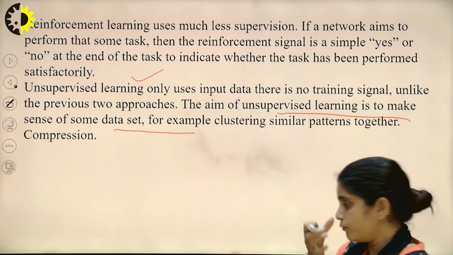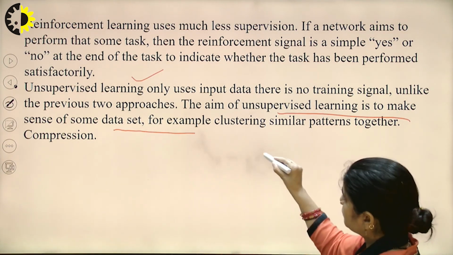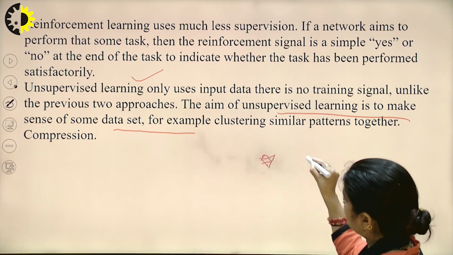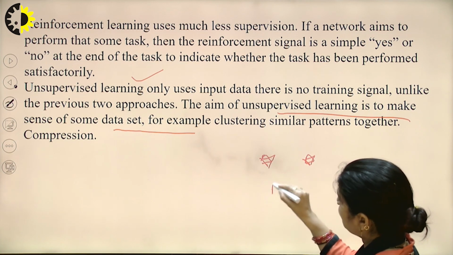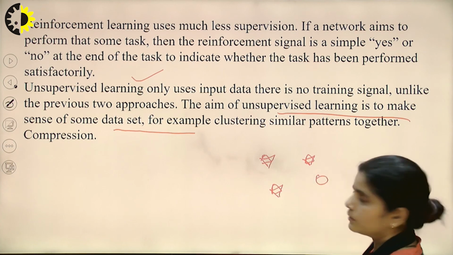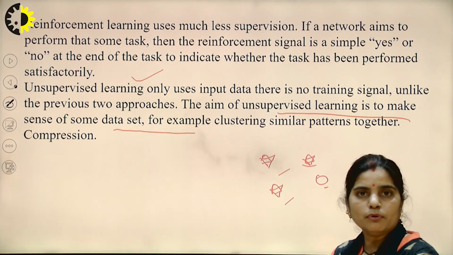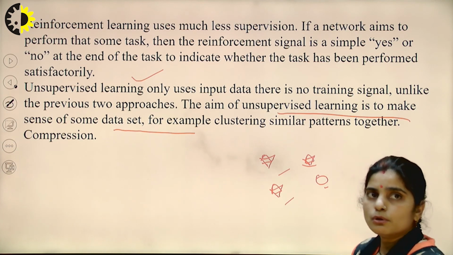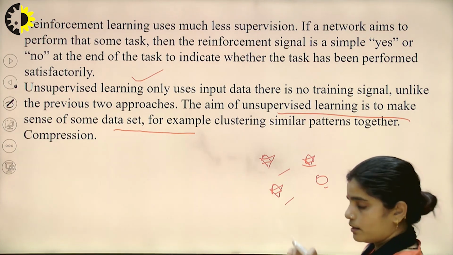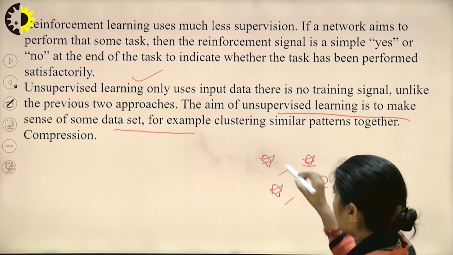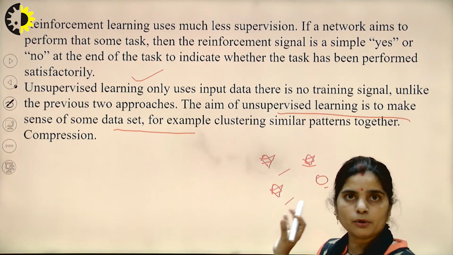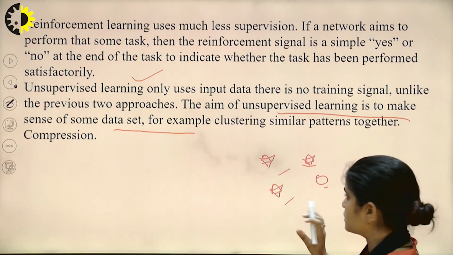In clustering, suppose we have 4 data points, 3 stars and 1 circle, and you have to form clusters. In unsupervised learning, nothing is provided, no training signals or training data sets, only the symbols.